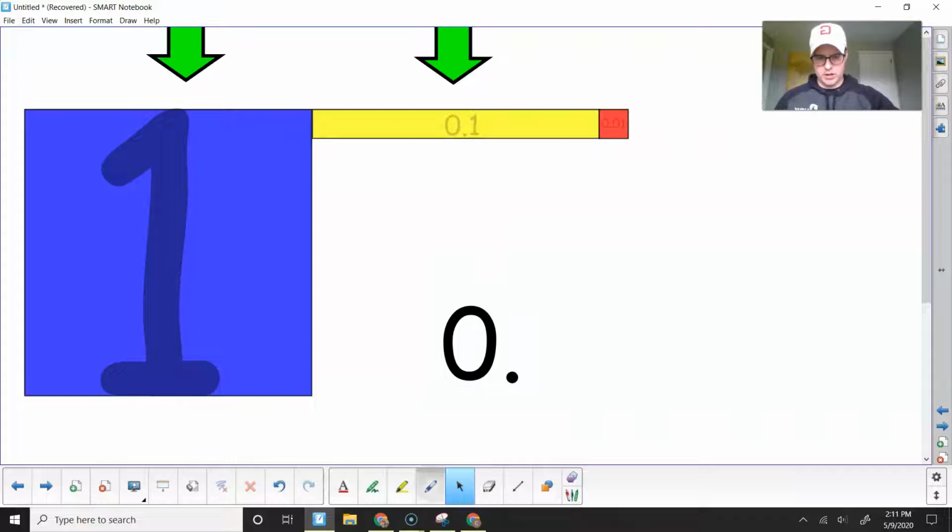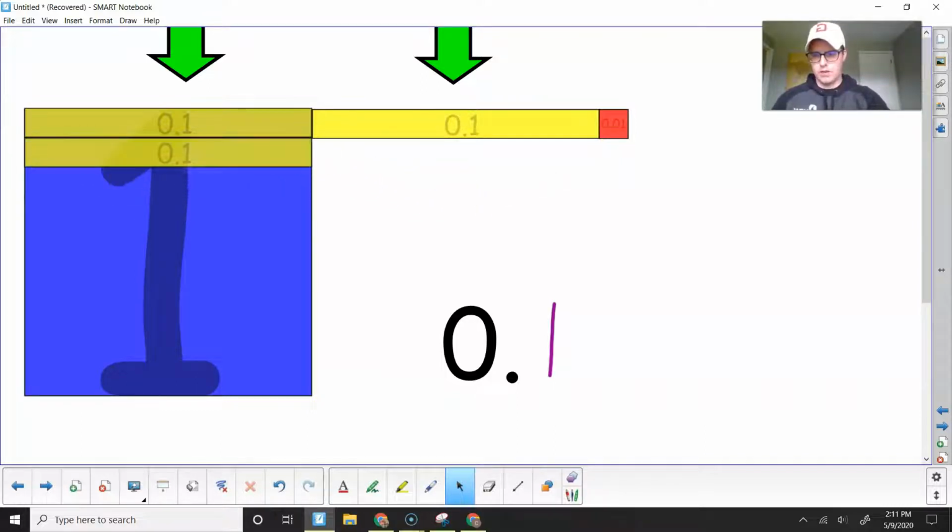So let's just start with the first one, 0.1. Everyone say 0.1. Okay, now we'll say it in word form. Say 0 and 1/10. Good, so let's take 0 and 1/10. We're going to put it right inside my ones. Okay. What if I have another one? Now my number is 0.2. You got it, 0.2. Let's keep counting.